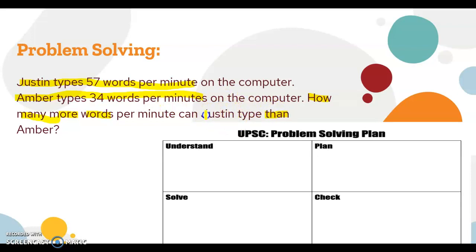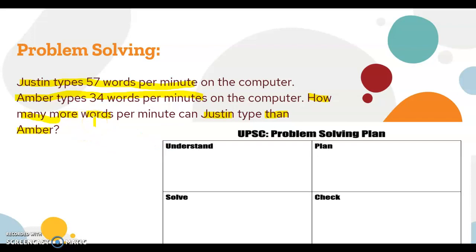So I'm comparing Justin to Amber, and I'm not highlighting everything. I'm not going to even highlight per minute again, because I already know that that's what I'm doing. So I don't have to highlight that again. But what is very important in this last sentence is how many more words.